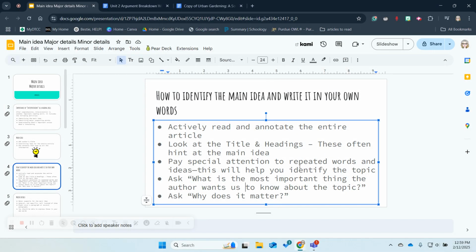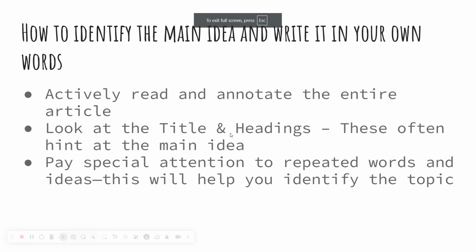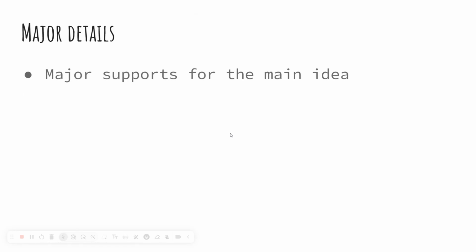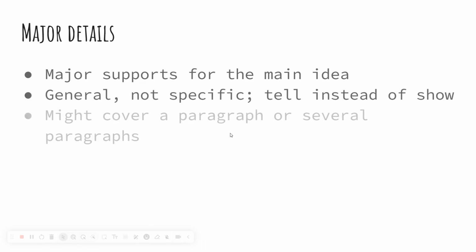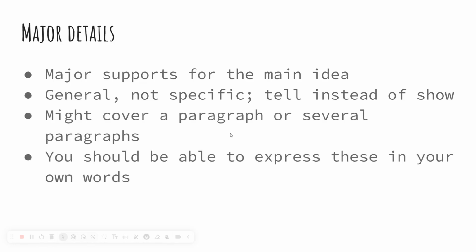Okay. Now, the next part is looking for the major details. So the major details are the major supporting points for the main idea. We might see them presented as, don't I have it on here? All right.